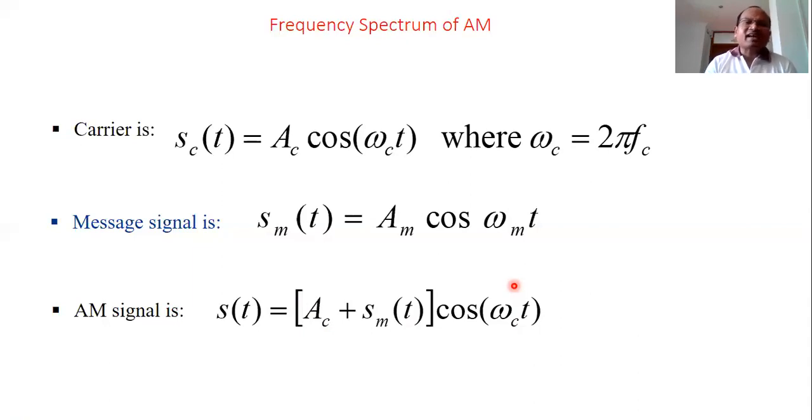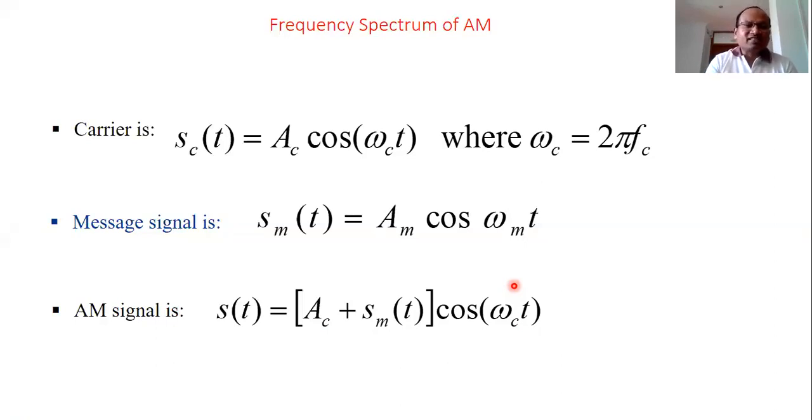Yes, it is a carrier signal, but not the original carrier signal. It is the carrier signal which is modified now. How has it been modified? By the process in which the carrier amplitude has changed, depending on how much change there is in the instantaneous value of the modulating signal.